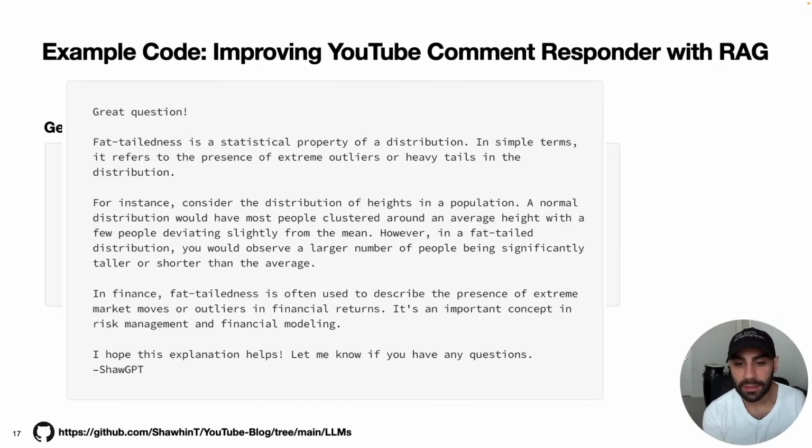However, in a fat-tailed distribution, you would observe a larger number of people being significantly taller or shorter than the average. In finance, fat-tailedness is often used to describe the presence of extreme market moves or outliers in financial returns. It's an important concept in risk management and financial modeling. I hope this helps. Let me know if you have any questions."